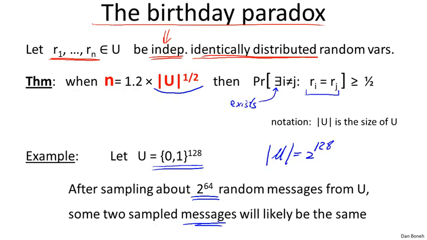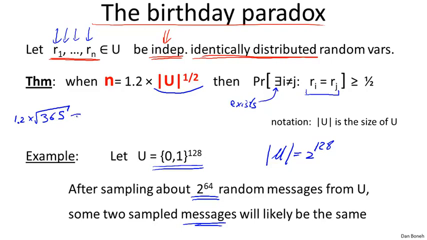Well, traditionally it's described in terms of people's birthdays, so you would think that each one of these samples would be someone's birthday. And so the question is, how many people need to get together so that there are two people that have the same birthday? As a simple calculation, there are 365 days in the year, so you would need about 1.2 times the square root of 365 people until the probability that two of them have the same birthday is more than a half.